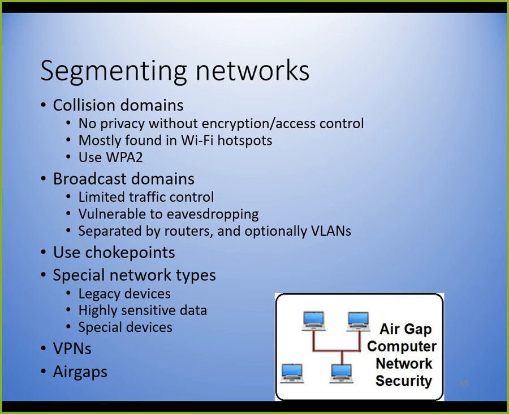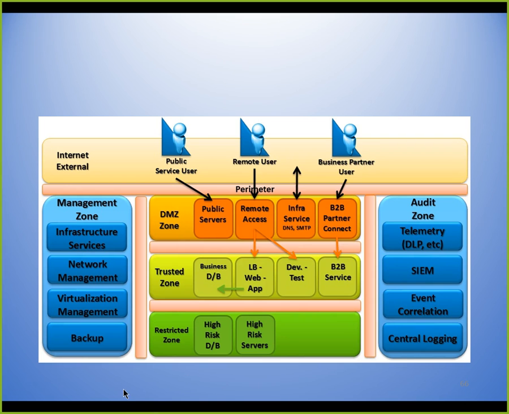VPNs are a way to do that. VPN, virtual private network, secure transmission of information from one to the other, and then air gaps. An air gap is where we completely separate, and the one down there not connected to anything is air gapped. It's not connected to the network at all, or it's completely isolated from one network to another network. How do we do these things? This is kind of what we might do.